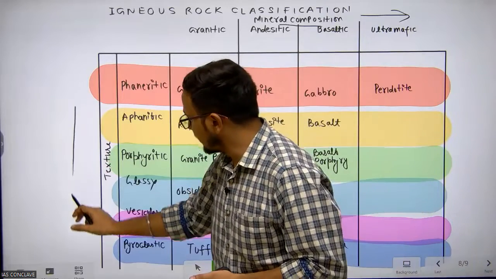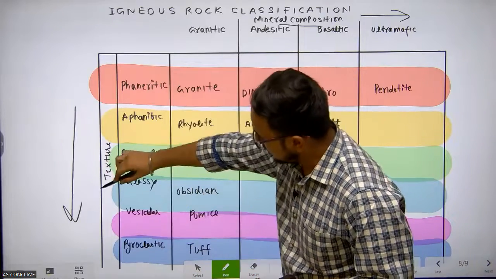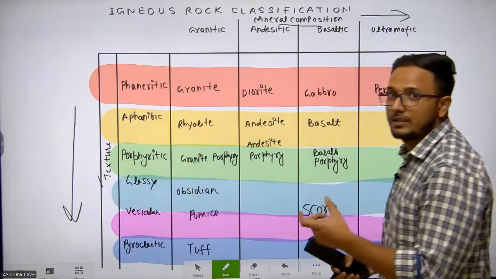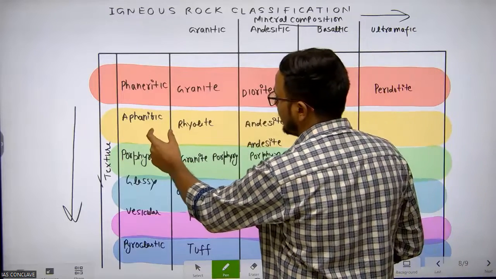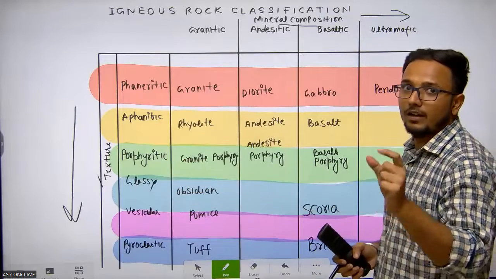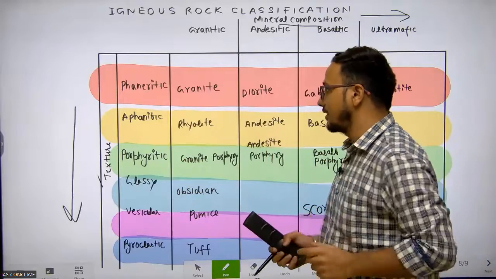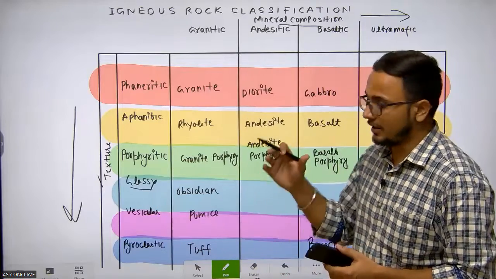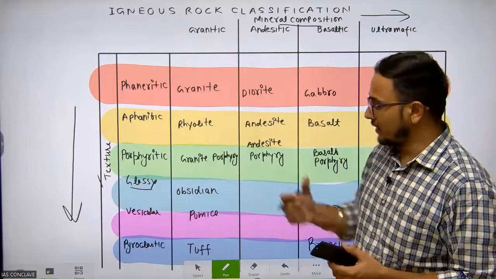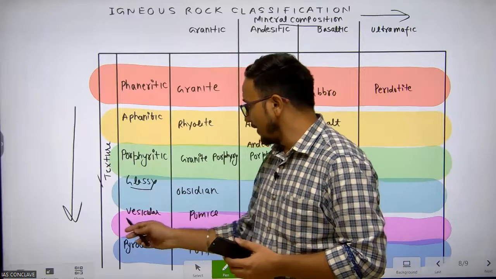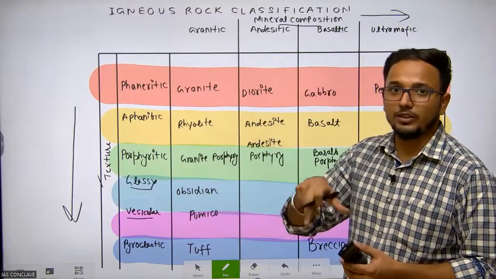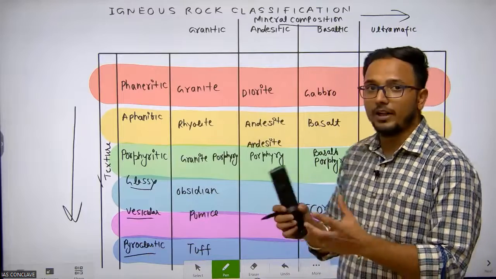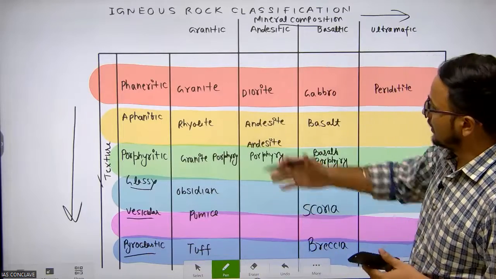On the y-axis there is texture. Texture is phaneritic, meaning very coarse grain; aphanitic, meaning fine grain; porphyritic, when very large crystals are embedded within fine grain; and glassy, when there are no crystals because extremely rapid cooling took place. Vesicular is when cavities are trapped within the rock, and pyroclastic is when individual fragments consolidate and form the rock. So these are the textures.